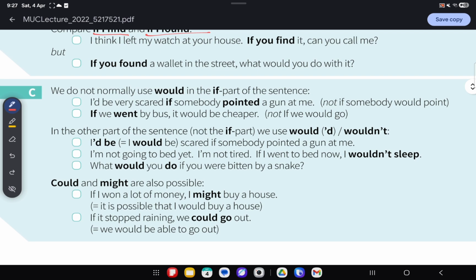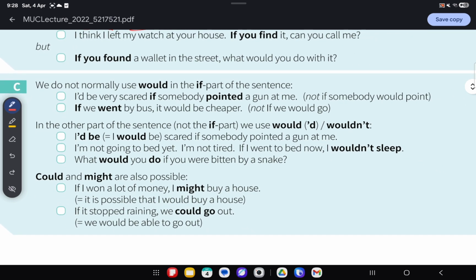Like I told you earlier, a sentence with if contains two parts, the if part and the result part. In the if part we do not use would.